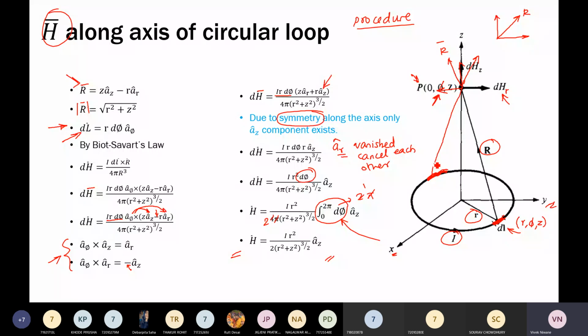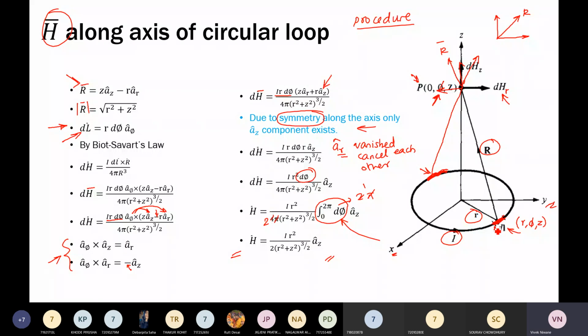If the z axis is not at the center of the circular loop, we cannot apply this symmetry. It is very important that the z axis passes through the center of the loop, so that we can apply the symmetry and the radial components get cancelled out, due to opposite dL bars, due to opposite current carrying filaments.